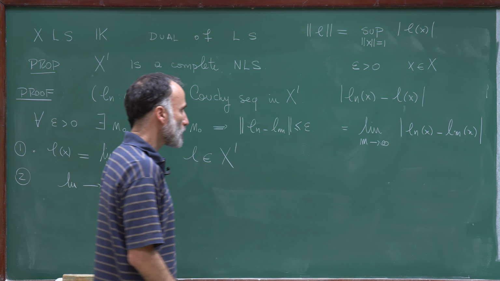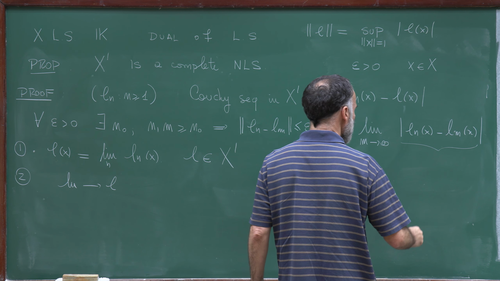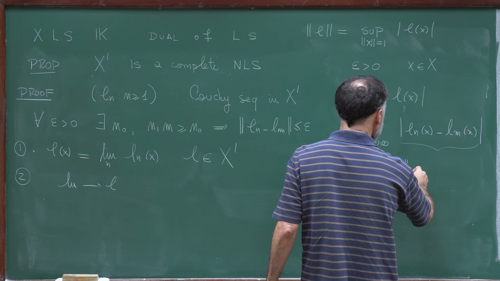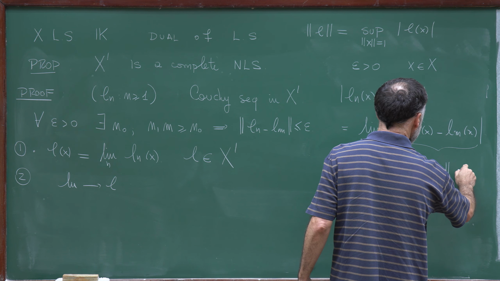And each term, by the bound we've used many times, is bounded by the norm of Ln minus Lm times the norm of x.